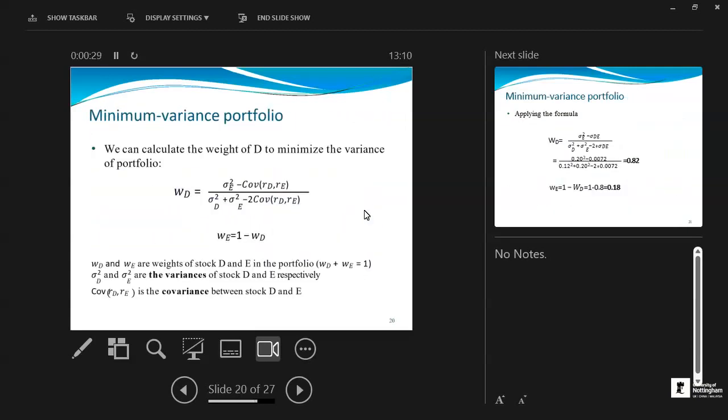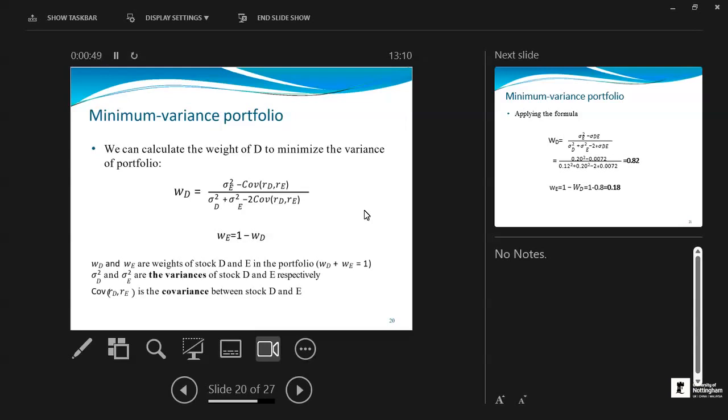So we can create this minimum variance portfolio. What do we have to do? The correlation between the two assets is given. We can't change that. But what we can change is the amount of investment we are going to put in each of these two stocks.